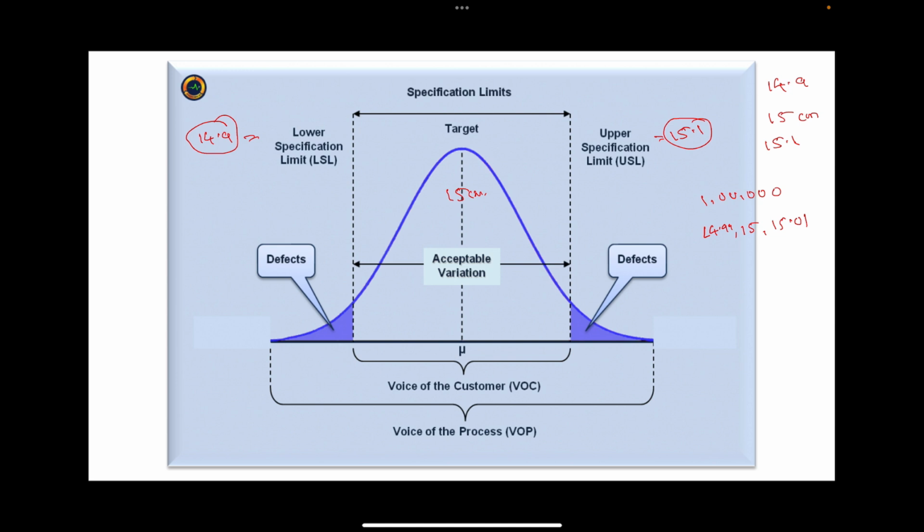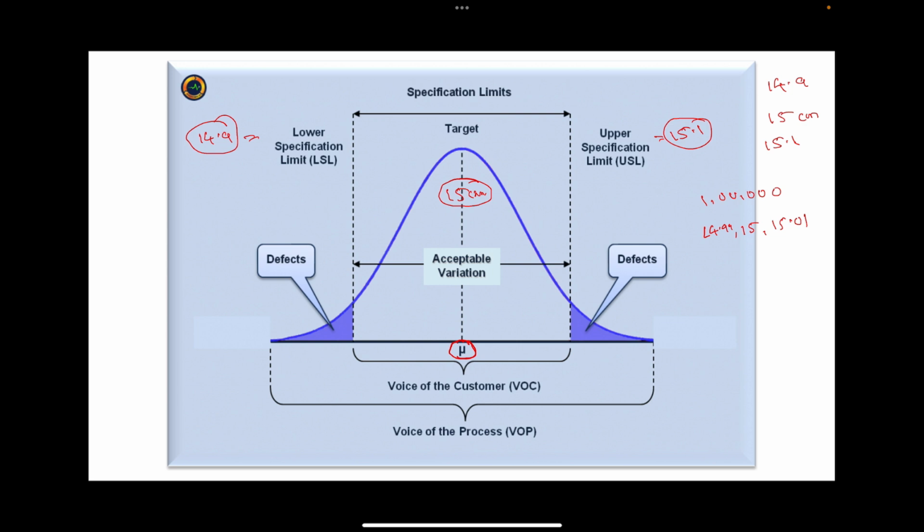The process as such has a mean, which is a statistic. If you arrange the 1 lakh products along a chart, it will be centered around mu, that is, 15 centimeter, and it spreads.